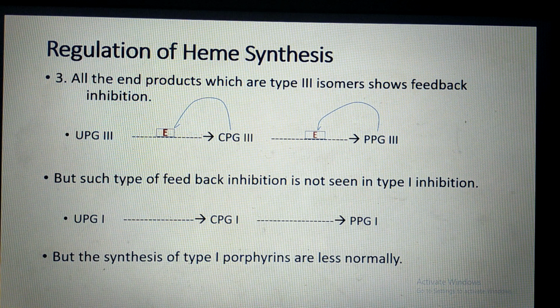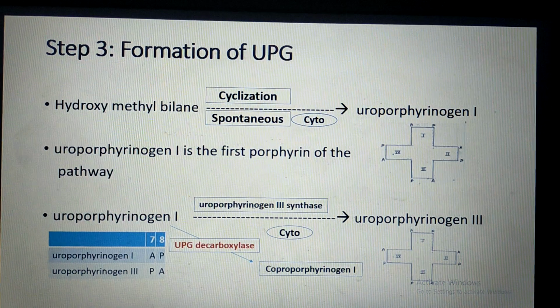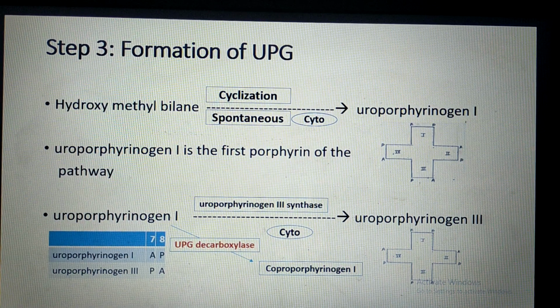Normally, the concentration of series 1 porphyrinogens is less. Series 3 porphyrinogens are dominant in our body. As shown here, uroporphyrinogen 1 is normally converted into uroporphyrinogen 3 in large quantity, but a small amount is converted into coproporphyrinogen 1, which is then converted to protoporphyrinogen 1.